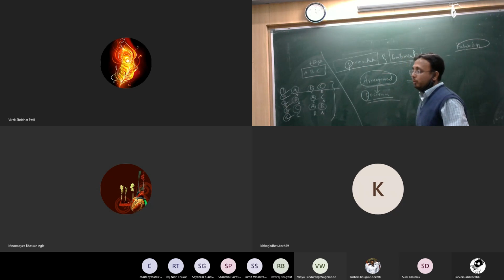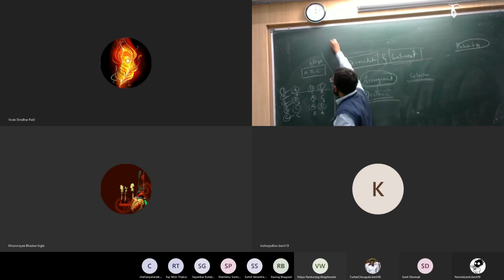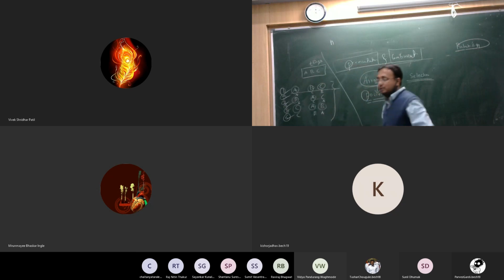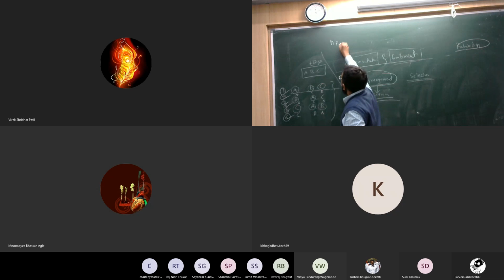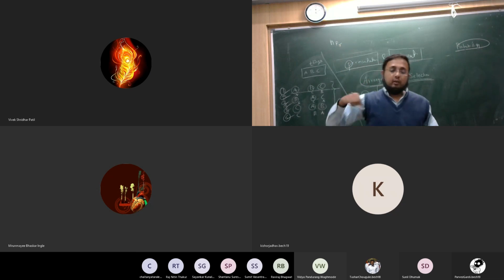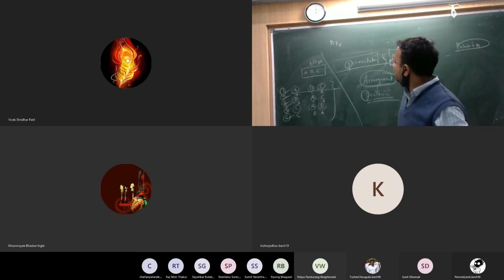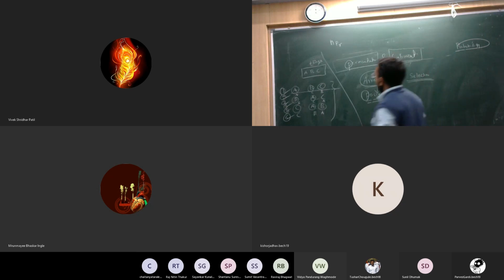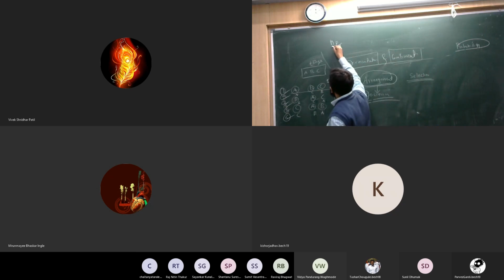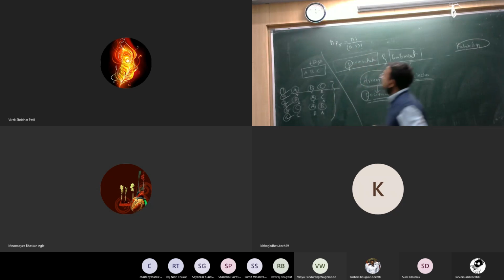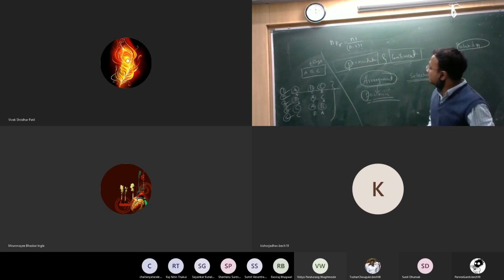There is a formula for permutation. Suppose there are n possible things, and we need to select r. Selecting r means r things are selected, and we need to arrange them. So nPr is written as n factorial divided by (n minus r) factorial.